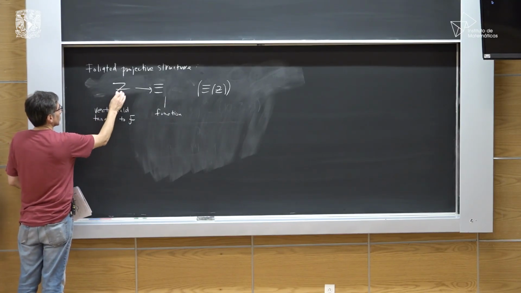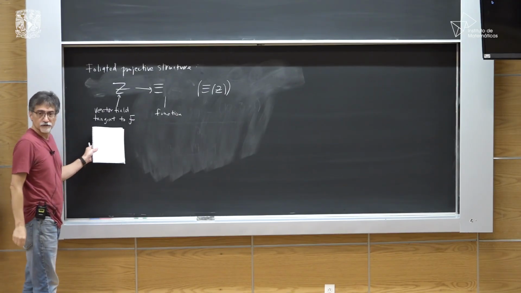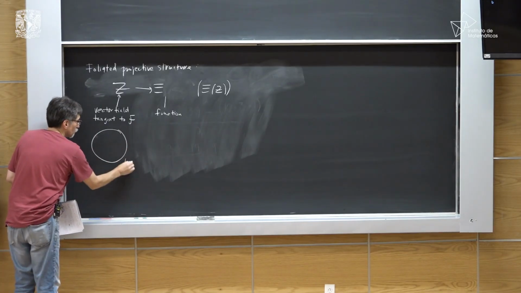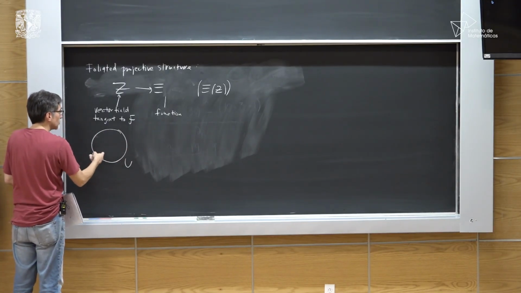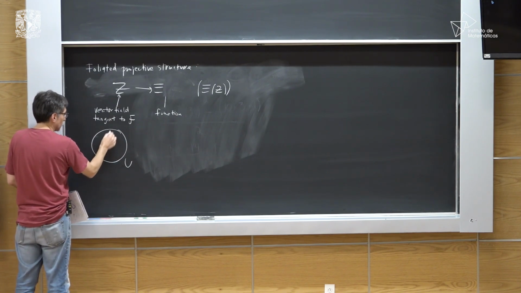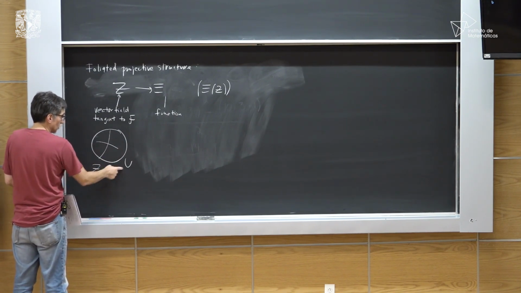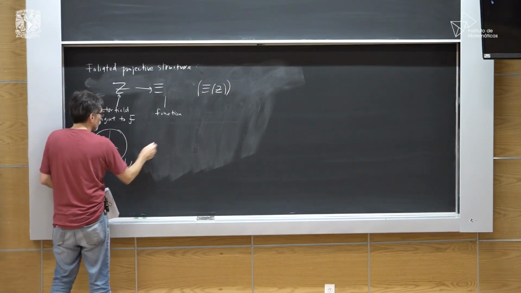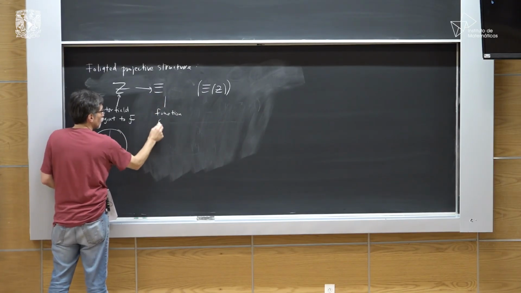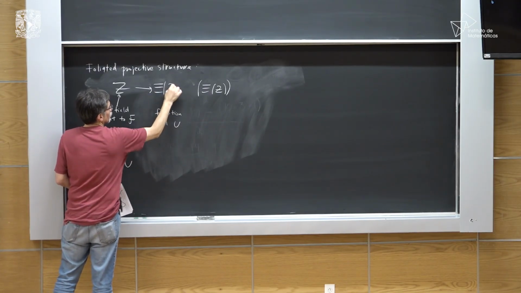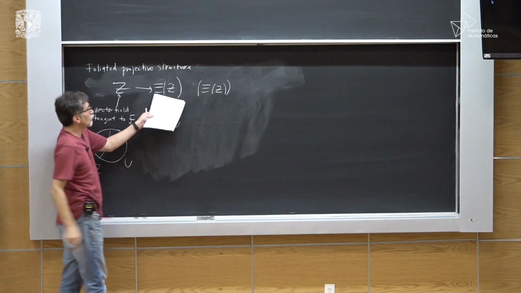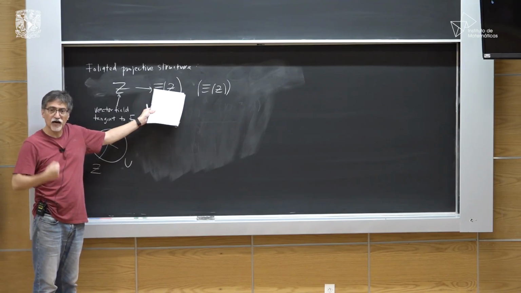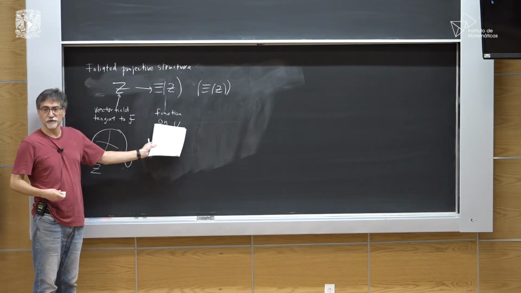So this is all vector fields on your manifold. This is U, an open set, and you have a vector field Z defined on U. C of Z is a function defined on U, but it depends on my vector field. So each time I give a vector field tangent to the foliation, I will gain a function on U.